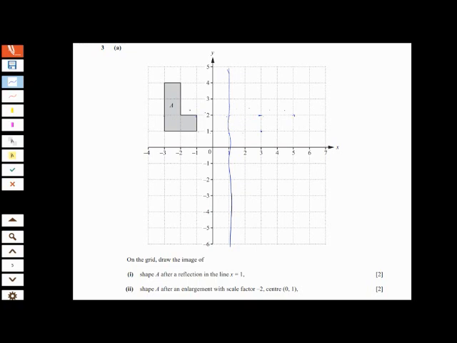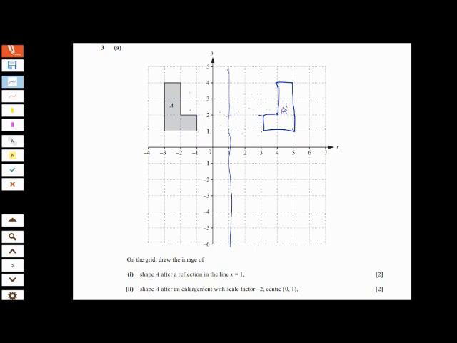This one's 1, 2, 3, 1, 2, 3. The second point, 1, 2, 3, 4, 1, 2, 3, 4. This is the third, so the fourth. Just do this, 1, 2, 3, 1, 2, 3. That one like that, and then you connect the lines. That is the image.